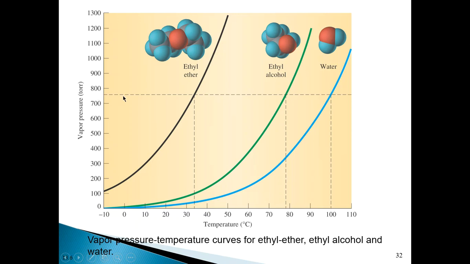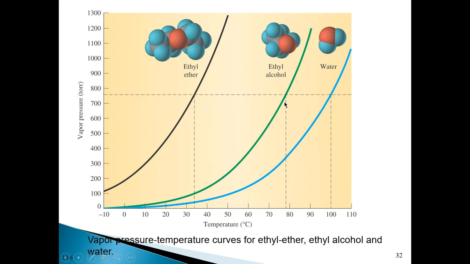So the normal boiling point for ethyl ether we can get by drawing a line across from the 760 point right here on the y-axis, and where it hits the line, you drop a vertical line down here where that cuts the x-axis, that would be the boiling point of that liquid. In the case of ether, by my estimation, that's about 34 degrees Celsius.